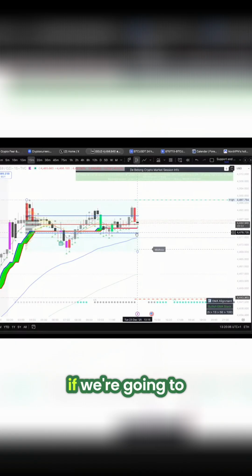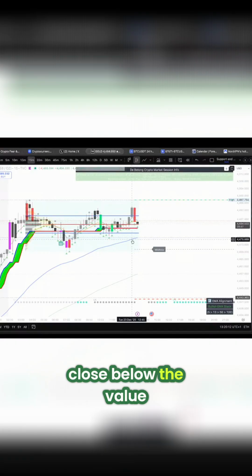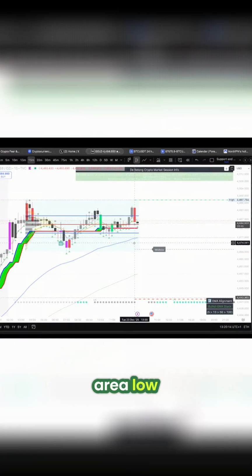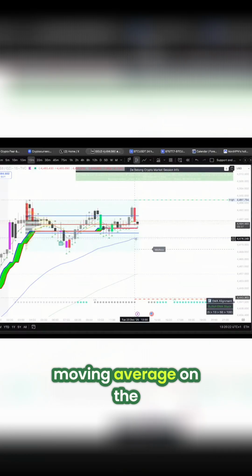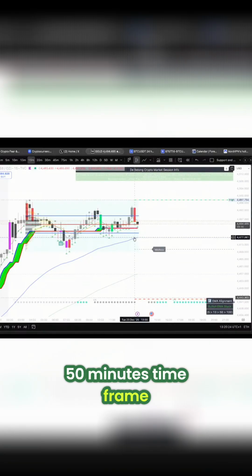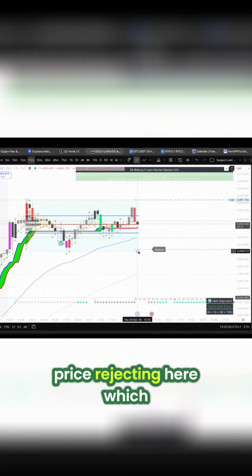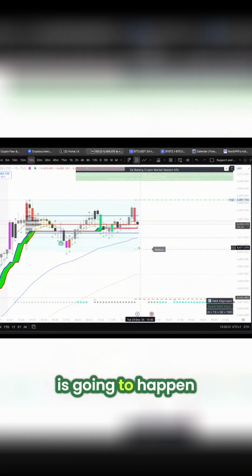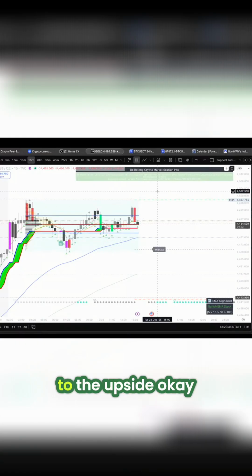Now, if we see price break and close below the value area low, then we might expect the market makers to reject, like price should reject from the 50-day moving average on the 15 minutes time frame. And if we see price rejecting here, which I think is going to happen, then from there we can expect the move to continue to the upside.